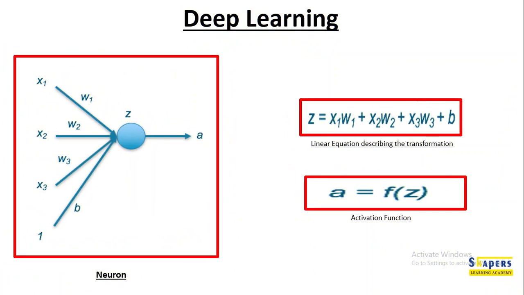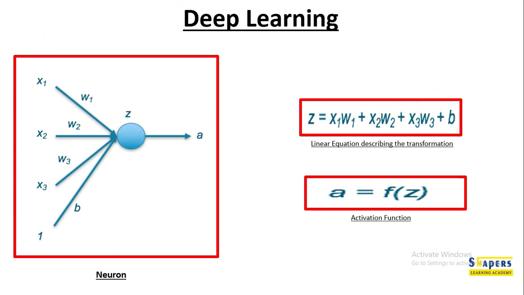Now, it's time to understand the actual working mechanism of a deep neural network and a neuron. A neuron, also called a perceptron, is a mathematical function which takes one or more inputs.